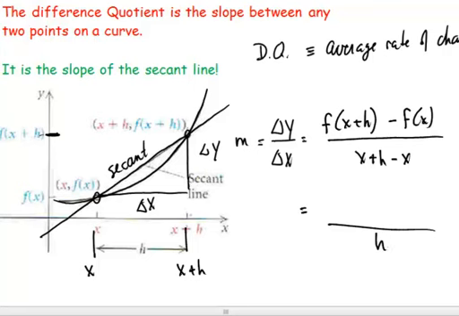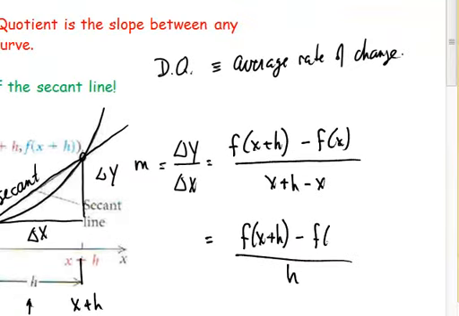And h represents the difference between the starting x value and the ending x value. So in the numerator we'll have function notation, which is the function at a point at the location x plus h minus the function at x.